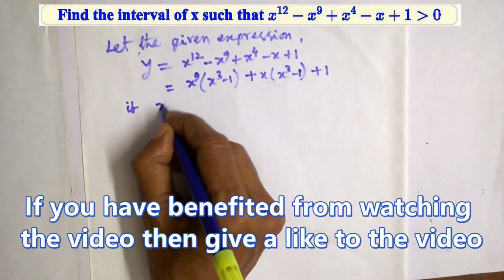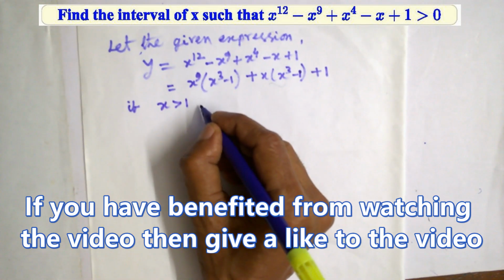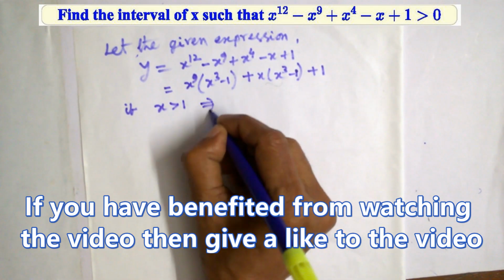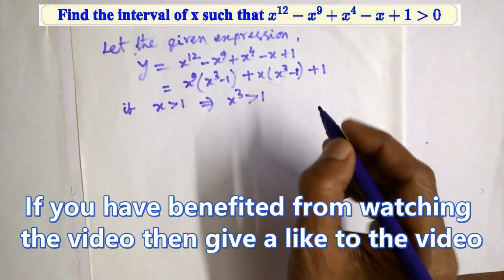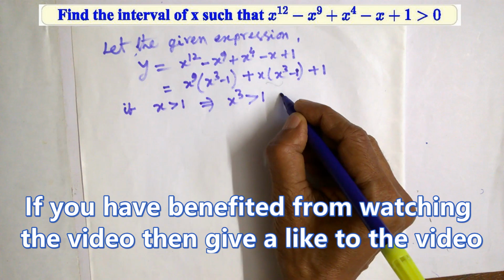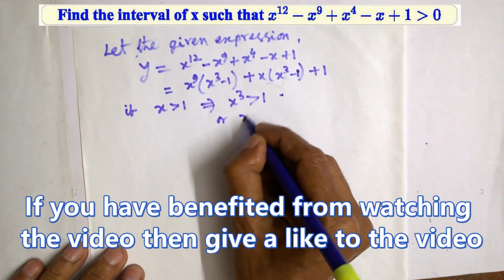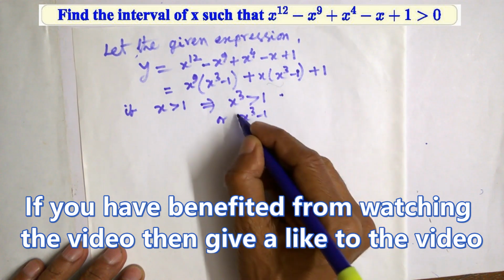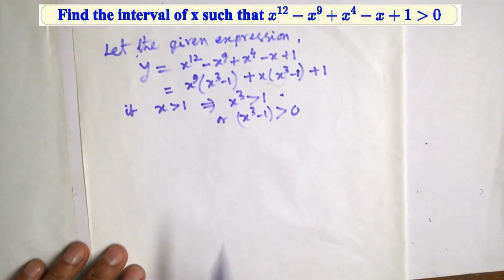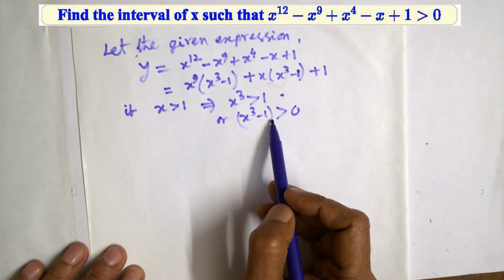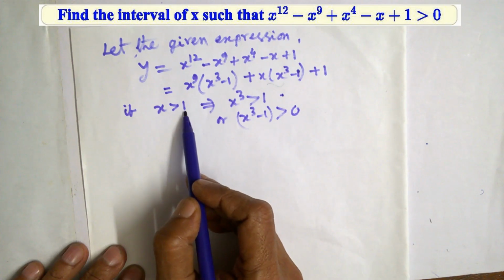So if x is greater than 1, this implies that x cube is greater than 1, or x cube minus 1 is greater than 0. If we multiply this by x, as x is considered greater than 1, that is a positive number.